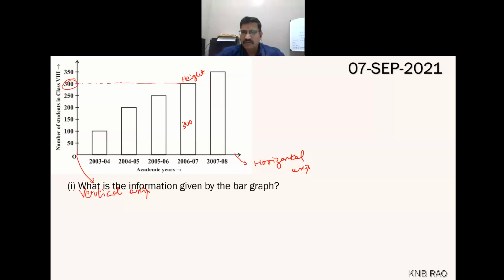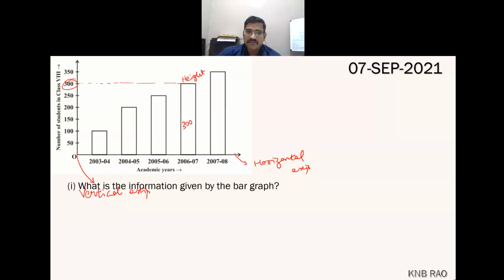Like a comprehension passage, which you might have in class 8 or class 9 in English, one passage is given and questions are asked below, and you answer them. Similarly here, reading a bar graph means answering questions based on that bar graph.